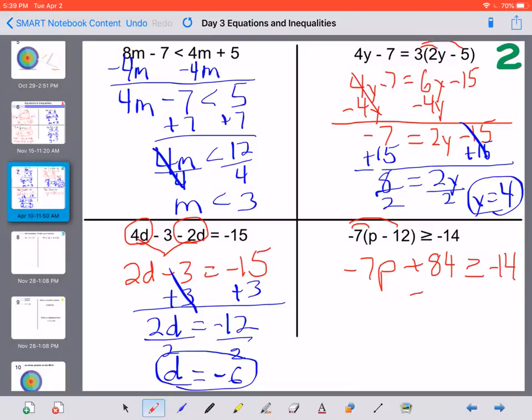So here we're going to subtract 84. And get negative 7p is greater than or equal to a negative 98.